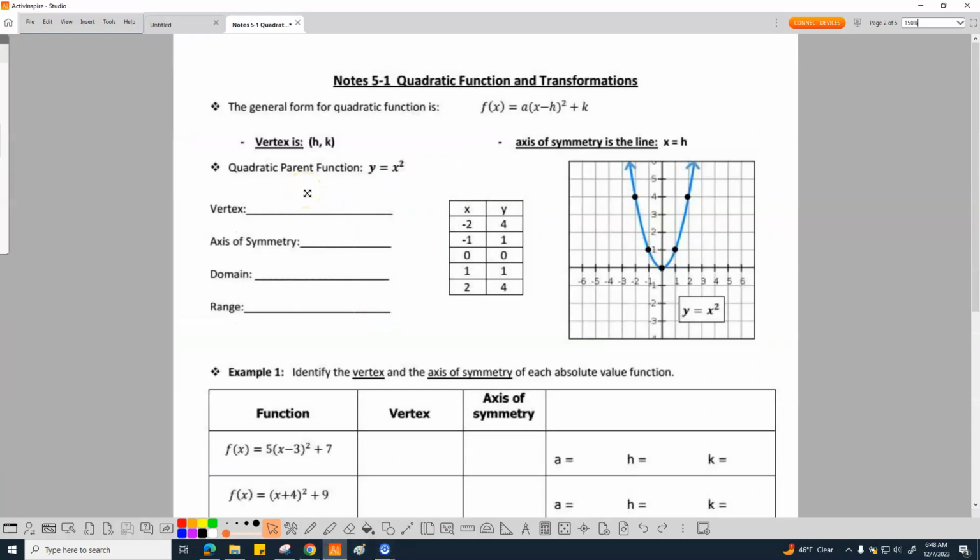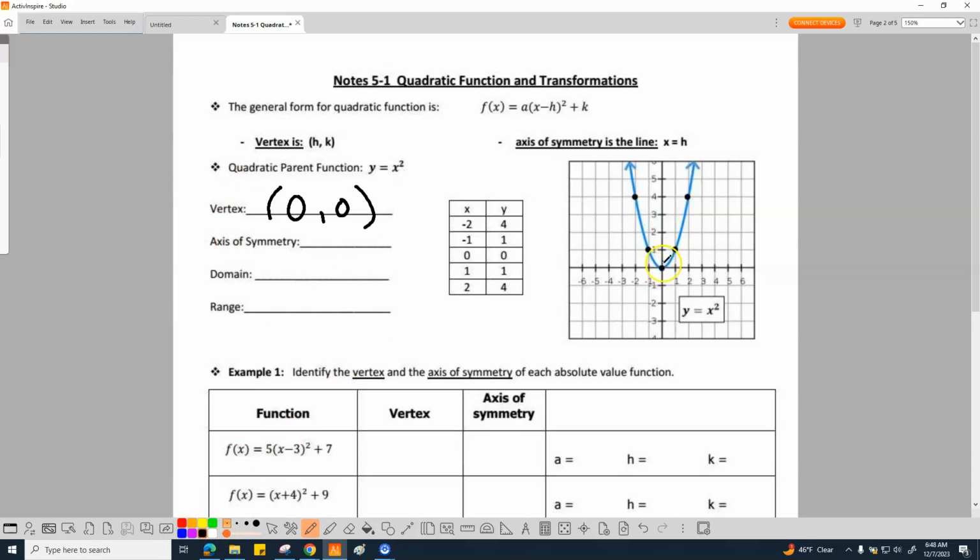So let's go ahead and start writing out information about this one right here. I'm going to get my pen going. And the vertex on this problem right here is at 0, 0. So I'm going to go ahead and write 0, 0. That seems like a really thick pen. One second. Okay, I made it better. Okay.